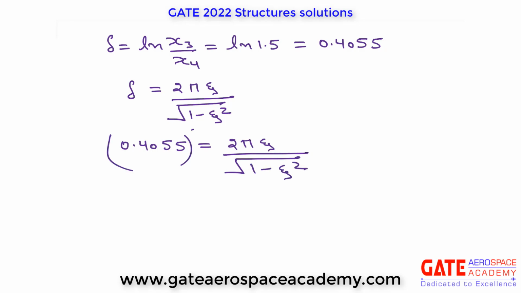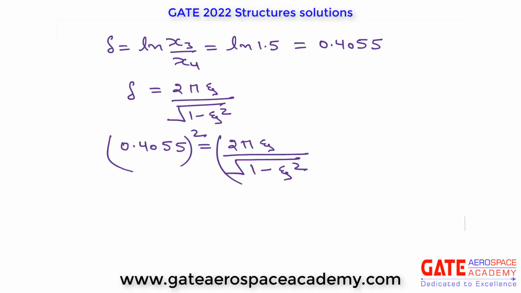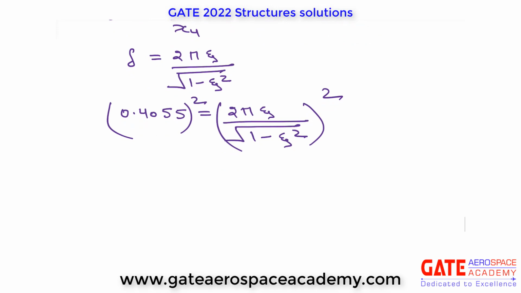Squaring both sides, we will get 0.16443 is equal to 4 pi square zeta square upon 1 minus zeta square.